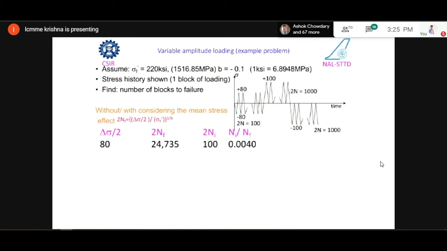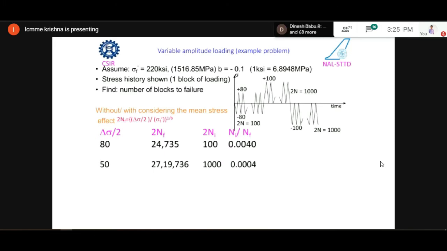First, without considering the mean stress, suppose you take the first block of 80 as the delta sigma by 2, with the number of cycles to failure as 24,735. We apply 100 cycles, and we get 0.004 as the damage fraction.